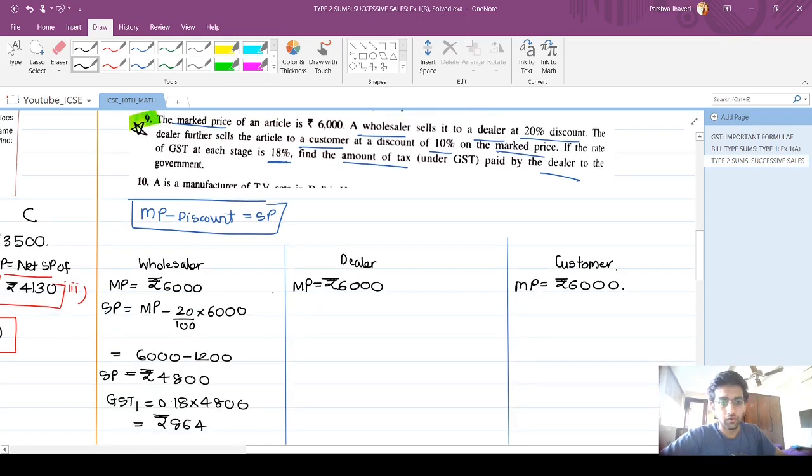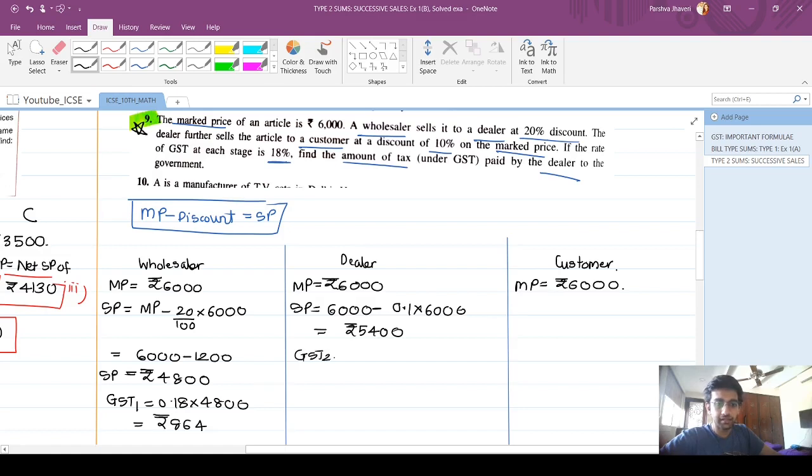Same thing over here. Selling price is MP minus discount, the marked price is nothing but 6,000, and the dealer sells it to the customer at a discount of 10%. So 0.1 into 6,000. What's 6,000 minus 600? 5,400. So our GST2 is nothing but 0.18 into 5,400.